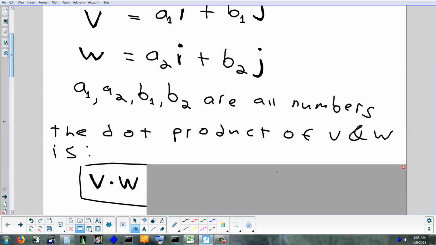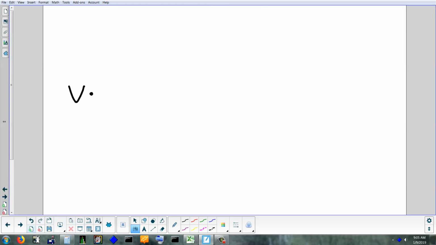You don't say times. The reason you don't say times is because when we deal with vectors, you've got what's called a dot product, and you also have what's called a cross product. Multiplying vectors, there's 2 ways to do it. We're learning the dot product today. We can't do cross product today.